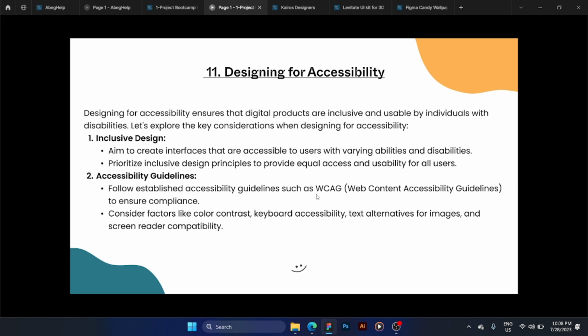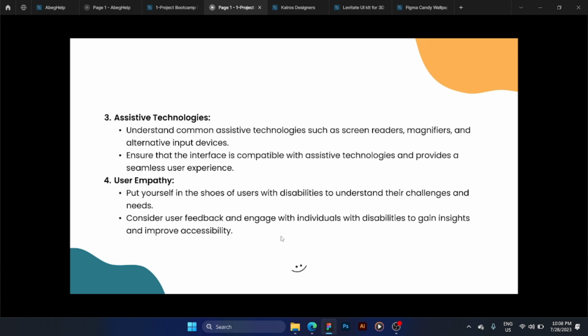You must ensure that you follow this. Do you get the contrast, the images, how you are placing them? So that anyone that has one disability or the other can still benefit. That means you don't just design for someone that is completely able. You must always take that into mind.